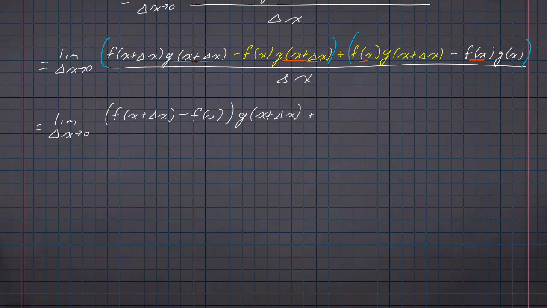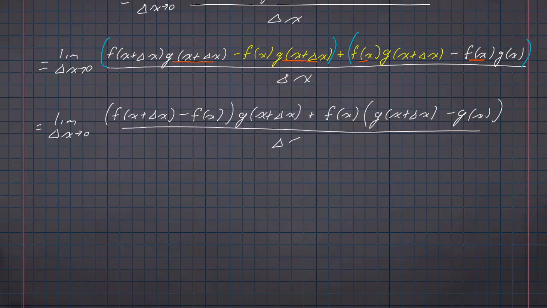And if I take and factor out the f of x, it will leave behind g of x plus delta x minus g of x. And the whole thing is still over delta x.